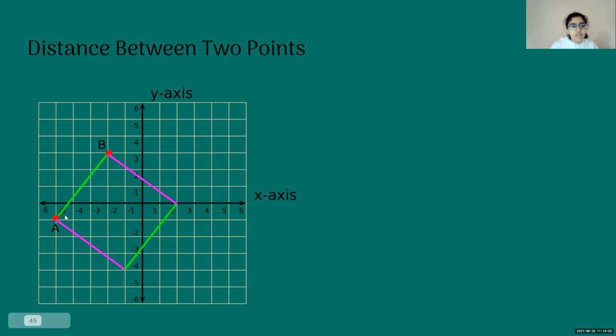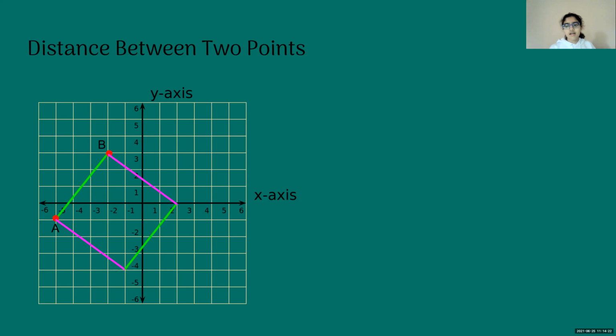So this would be -2, 3. Now everyone in the chat, what would the coordinates of A be? Okay, -5, 1. So good job, Charlotte and Nikita.